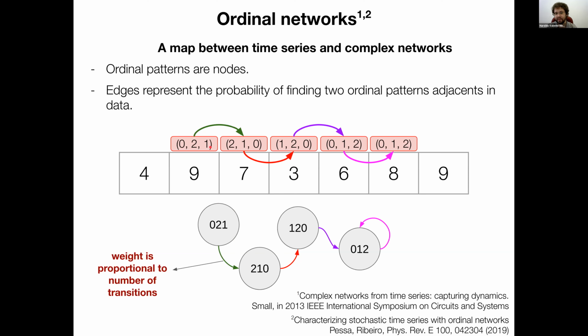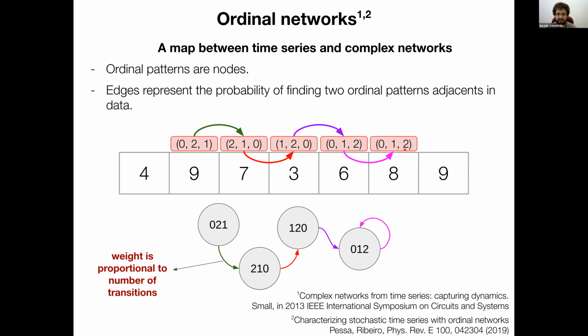Sorry, I forgot to say that the ordinal network is also directed, and the direction of the edge corresponds to the direction of time. That's why we have a connection from this node to this node. In addition to being directed, these edges are also weighted by the number of times we find this particular transition in the symbolic sequence.